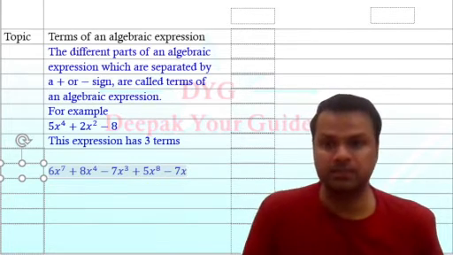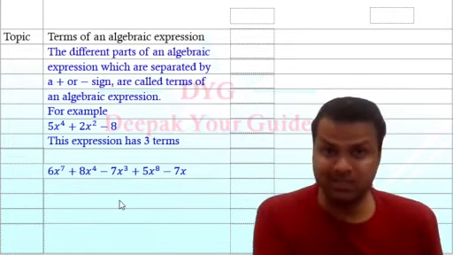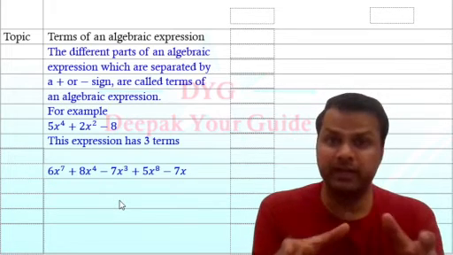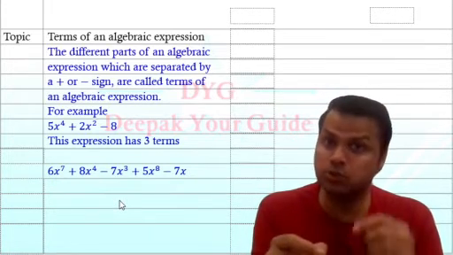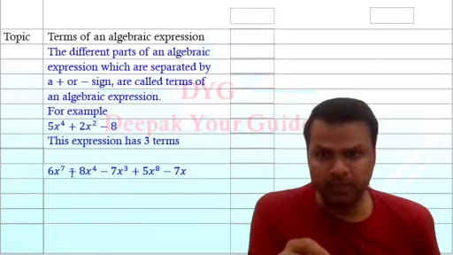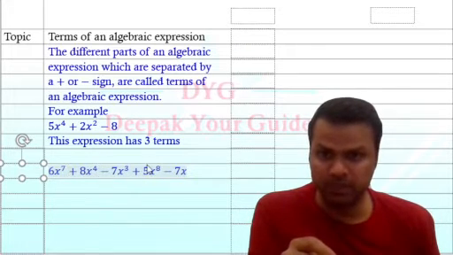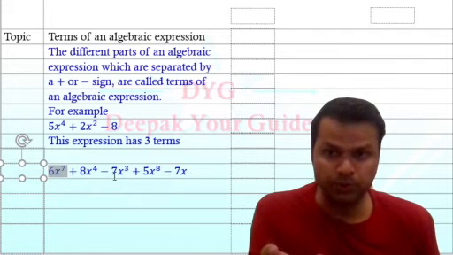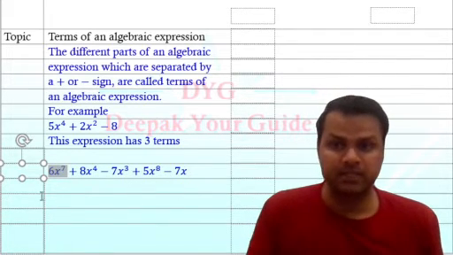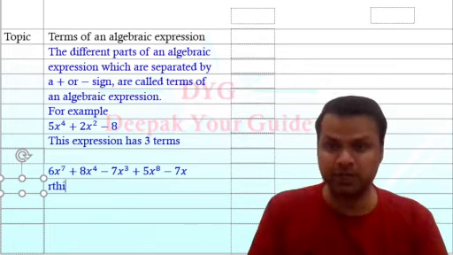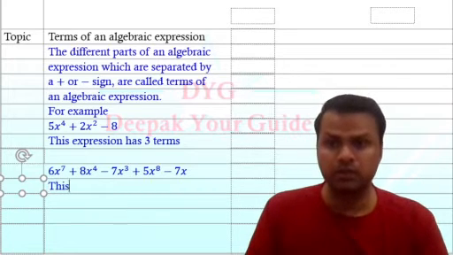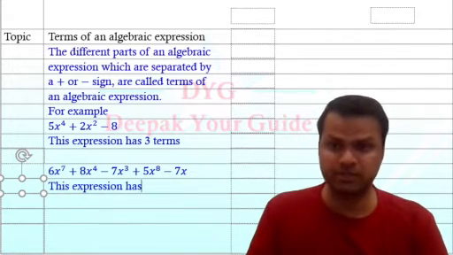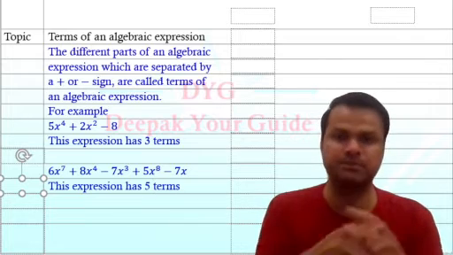Now let's see the answer. If you go with the concept, we need to identify the walls here, which are plus or minus signs. So we see a plus sign here, then minus, then plus and then minus. So this is one term, 1, 2, 3, 4, 5. That means this expression has five terms.